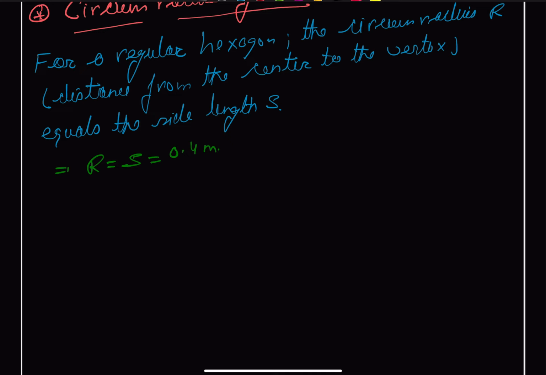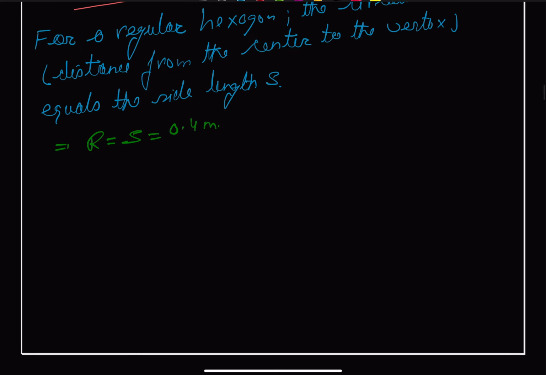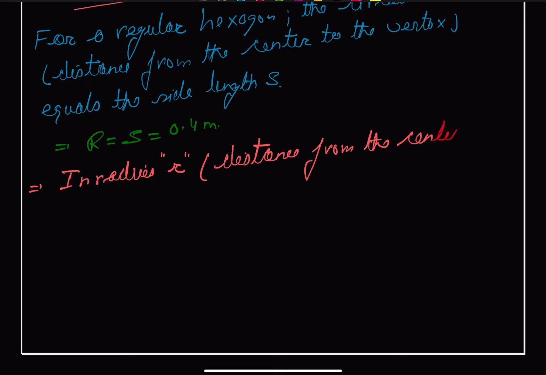And now we are going to find out the inner radius, suppose that is represented as small r, which is basically distance from the center to the midpoint of the side.